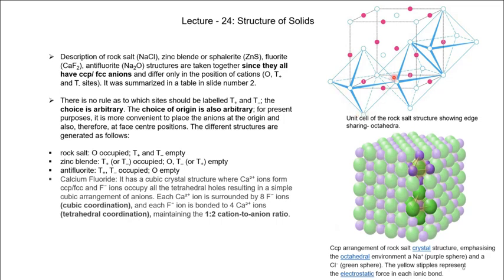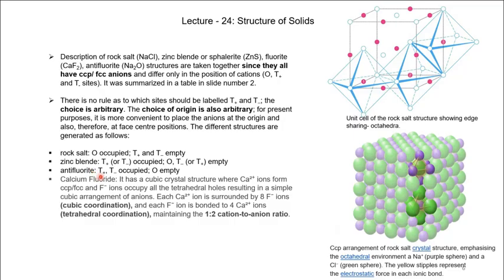This is an octahedral polyhedra, and edge sharing is possible for these octahedra. Two octahedra showing how the edge sharing is done. In zinc blende, these sulfide ions form the cubic close packed structure, or face-centered cubic sulfide ions, and only one set of tetrahedral positions is occupied. The other tetrahedral positions and the octahedral positions are empty.